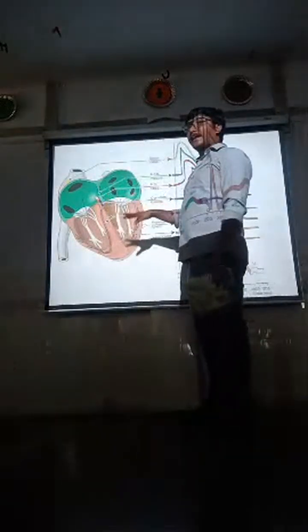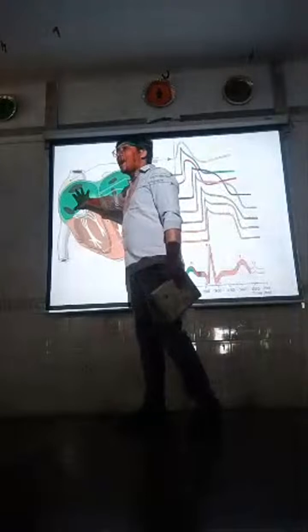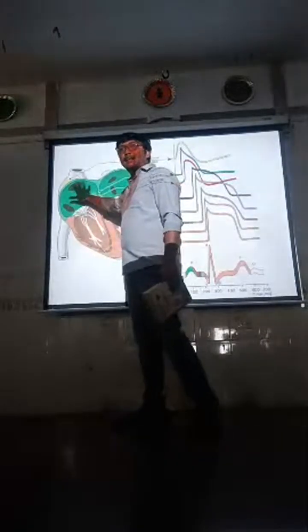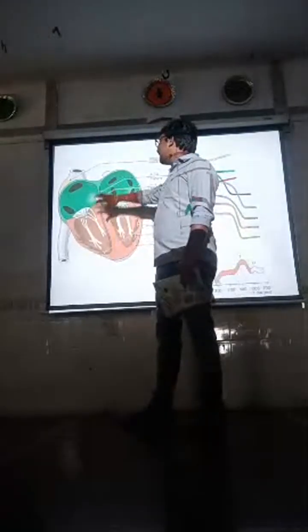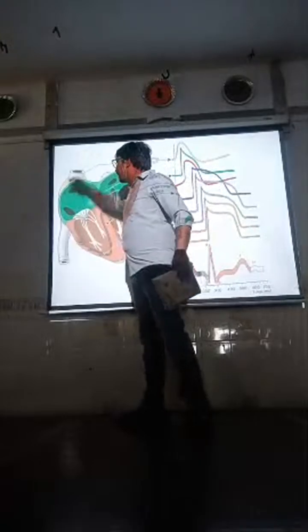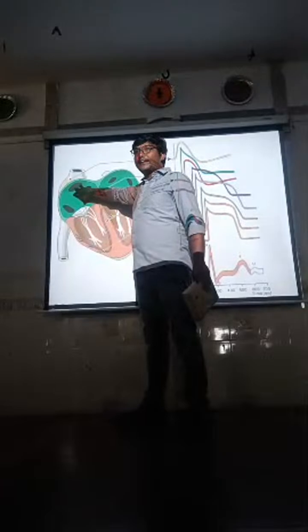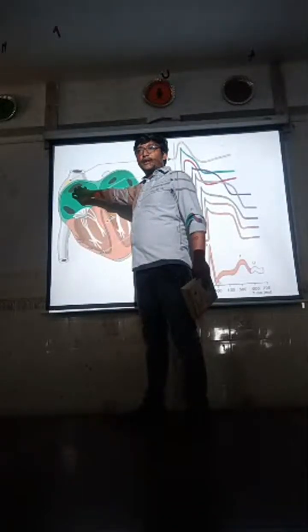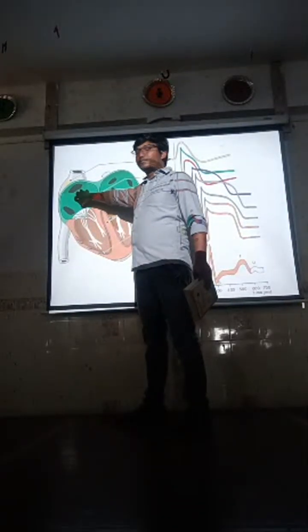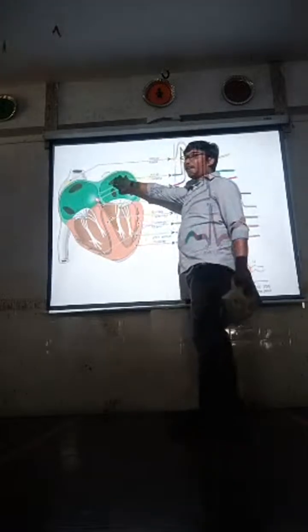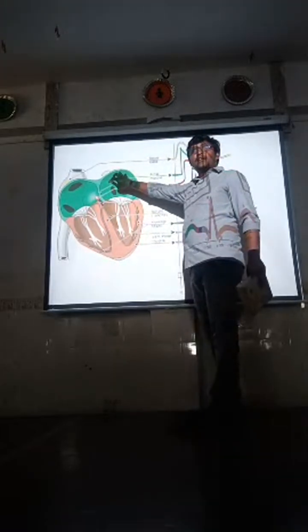When the atrium is in the diastolic phase, these are relaxing. So blood from the superior vena cava, blood from the inferior vena cava is entering into the atrium, and blood from pulmonary veins is entering too.